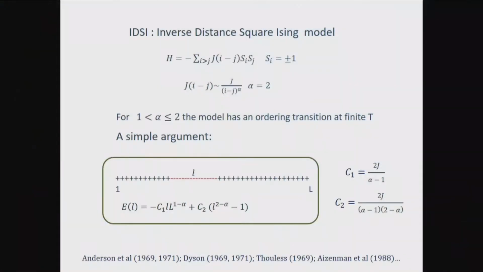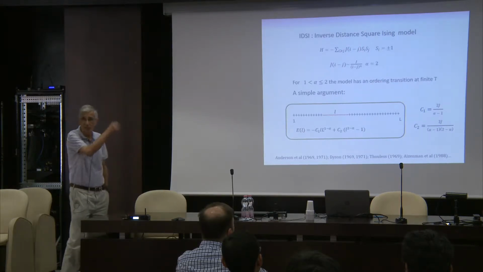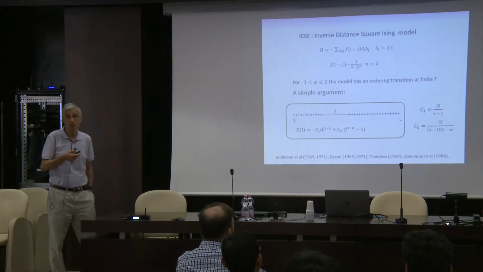Okay, so I'll do it in this context of what I call the inverse distance square Ising model. That is, again, the model I just talked about a few minutes ago, a one-dimensional Ising model with interaction that decays with a power law, particularly with power 2.